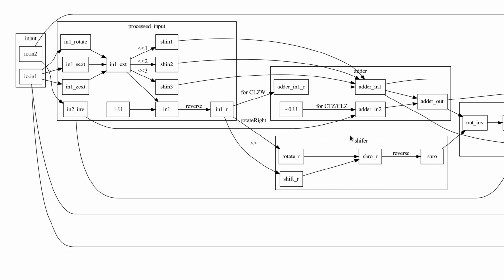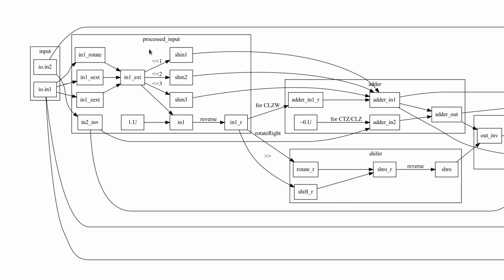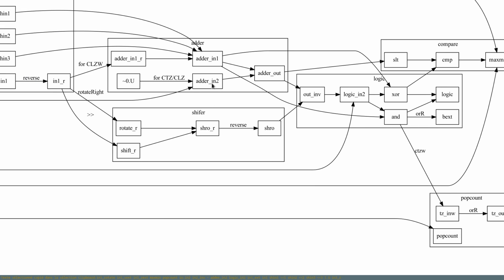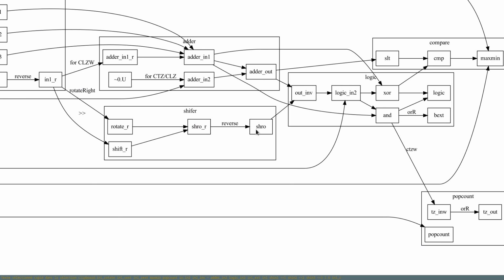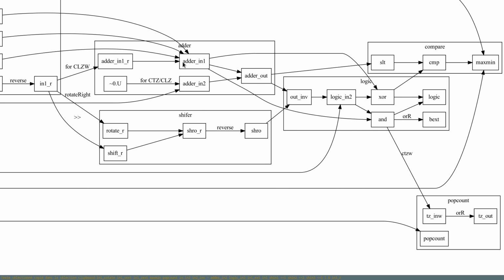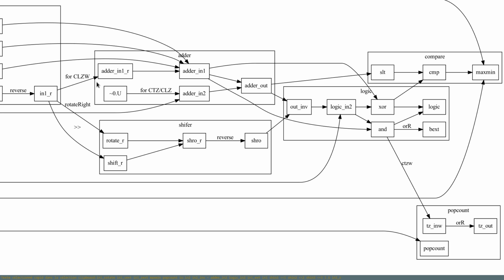But now we add some modules like the process input, where we extracted some common patterns in the input patterns of the instructions, and we first process them and send them to different modules, different units. And we can see that here we have some other special inputs for things like count trailing 0 or count leading 0.